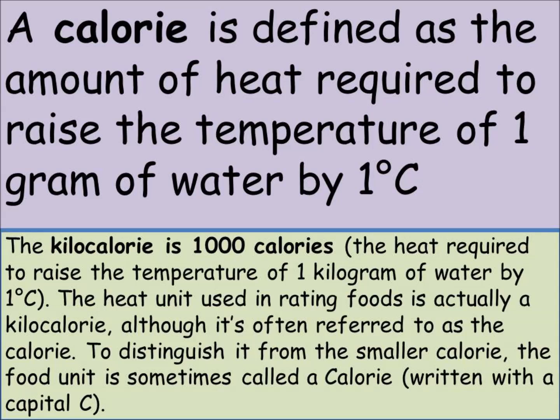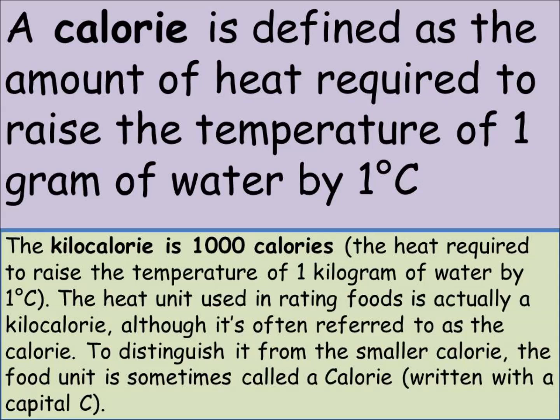To distinguish it from the smaller calorie, or the scientific calorie, the food unit is sometimes called Calorie, written with a capital C. So when you see 200 Calories, just think it's 200,000 calories, or 2,000 Calories will be 2 million calories, because the scientific calorie is really the basis that we will work from.